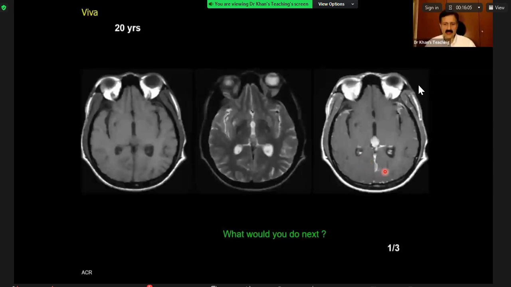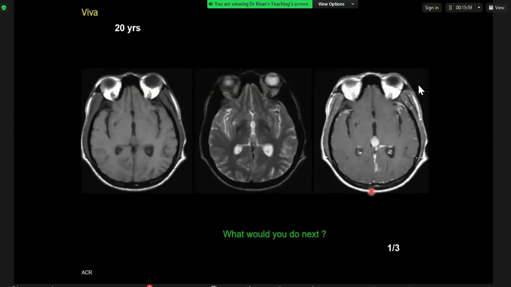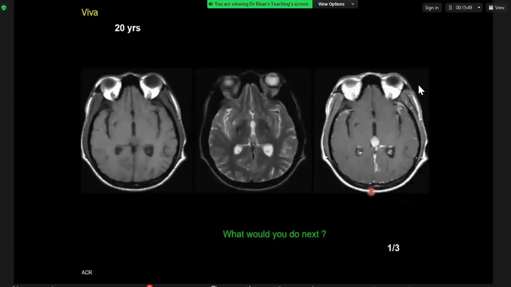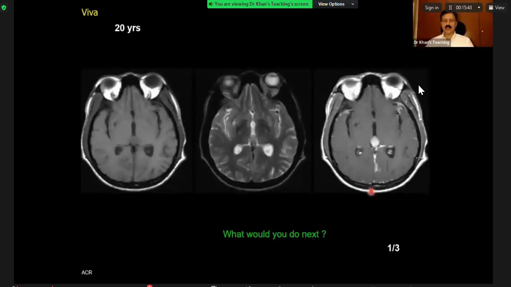What is happening? So there's some enhancing material in the region of the falx, or possibly the straight sinus. So what do you call this? This could be a leptomeningeal metastases. Dural, right? Leptomeningeal.